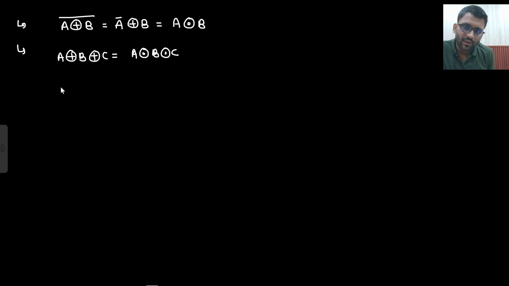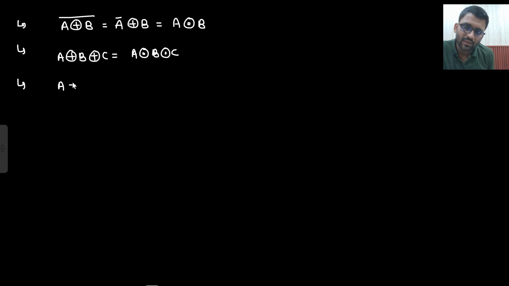So from here, very interesting conclusion is there. First thing, for 2 variables, bar of this will be equals to A bar XOR B, right? Or it could be replaced as this. For 3 variables, these two are equal to each other, right?